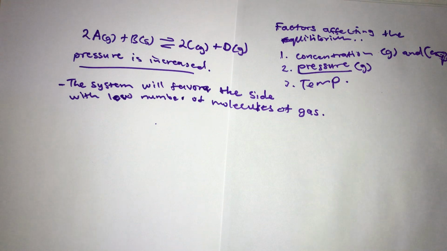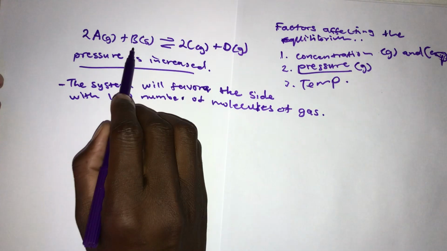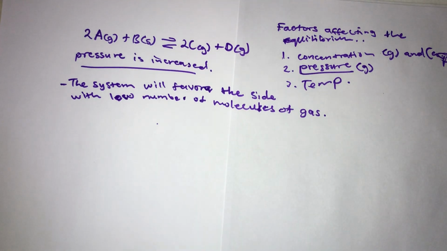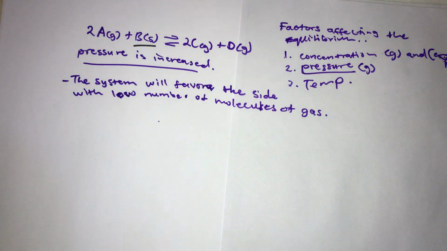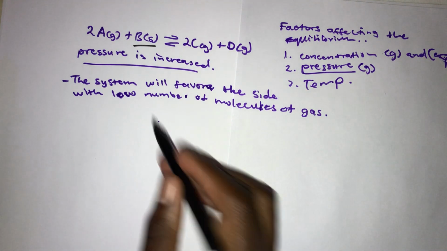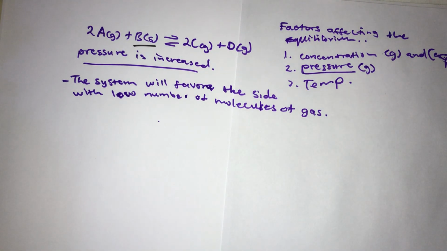So the system will favor the side with fewer molecules of gas. Now you go back to the reaction and count the number of molecules. Since this one is a solid, it doesn't affect anything. So we are not going to count the solid, it's only gases.